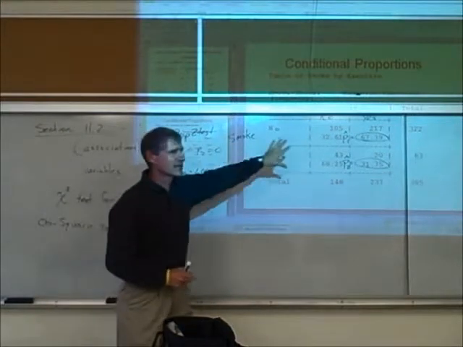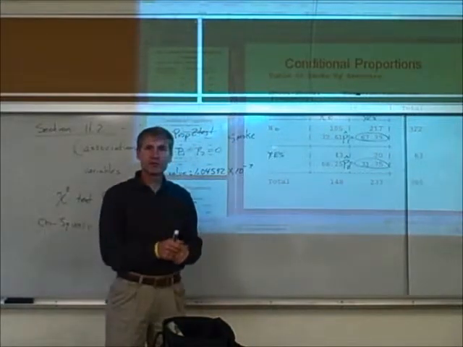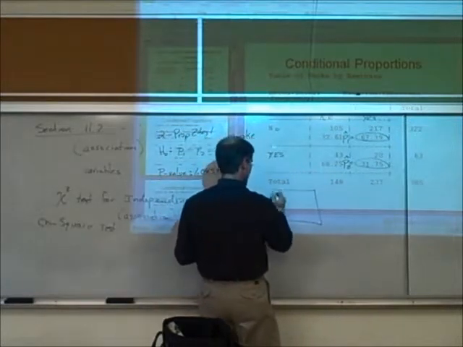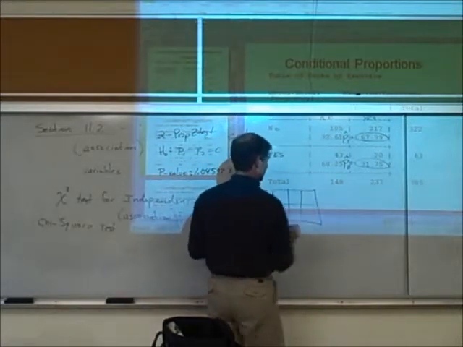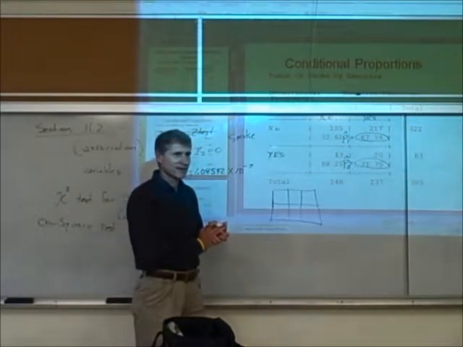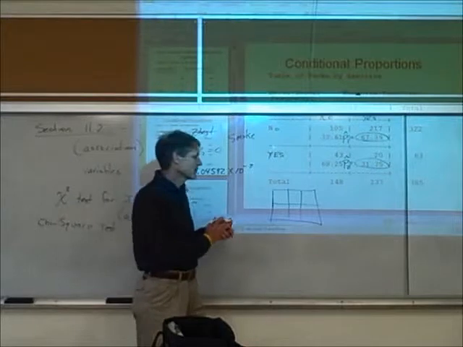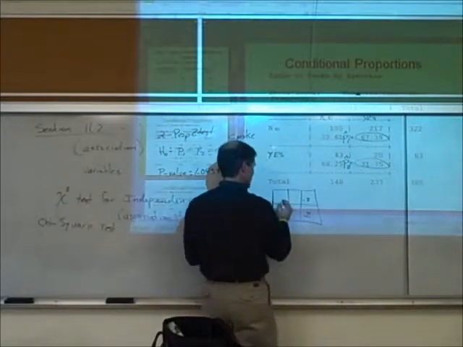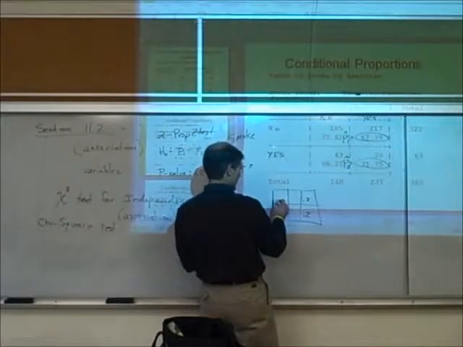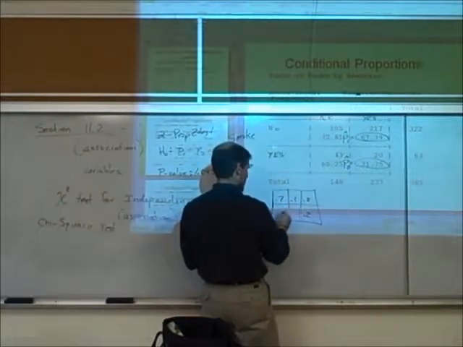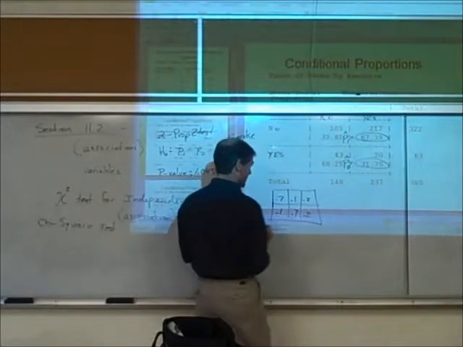So that's one way of testing. That only works in a 2x2 table. Suppose I had a contingency table that was a 2x3 table. Then which two proportions would I compare? Well, what if this was 20%, 20%, and 70%, and this was 10%, 10%, and 70%?